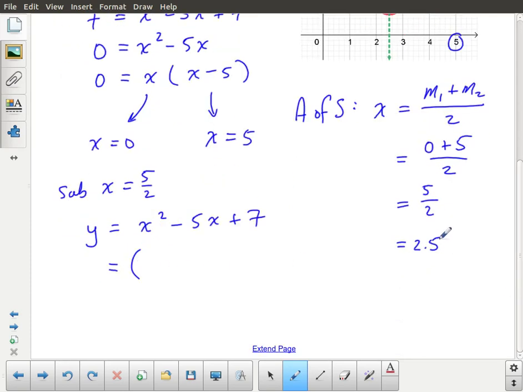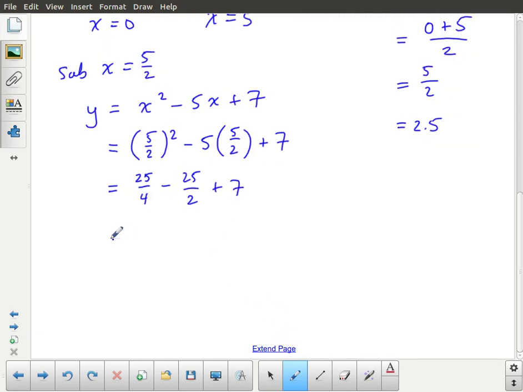So x squared becomes 5 over 2 all squared minus 5 times 5 over 2 plus 7. 5 over 2 all squared is 25 over 4 minus 25 over 2 plus 7.